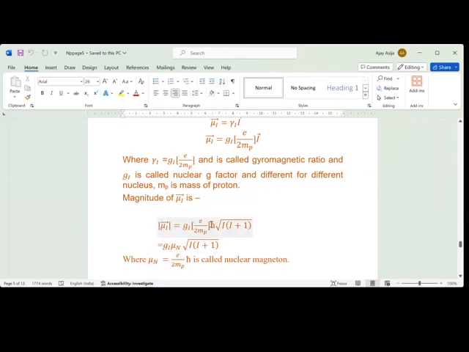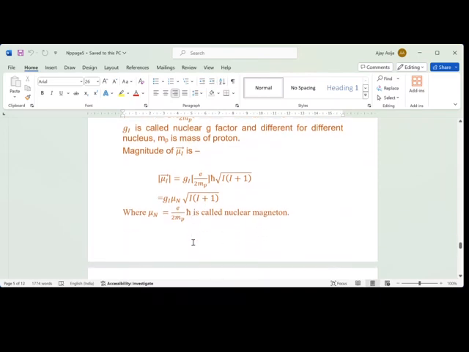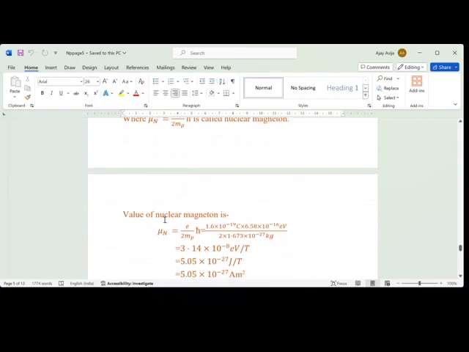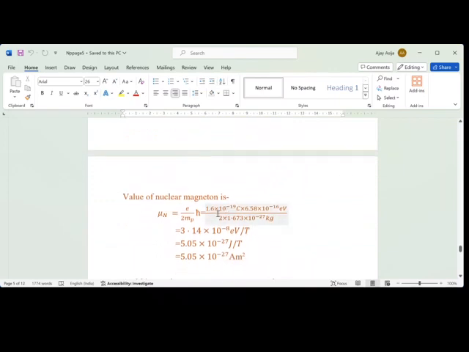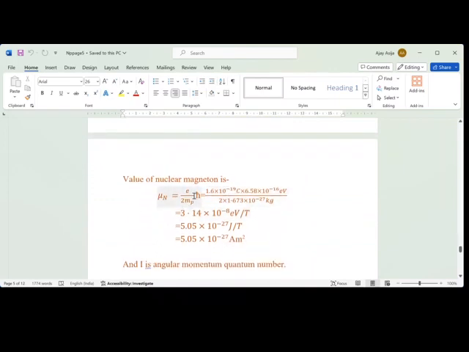So we will take h cut with this e h cut by 2mp, and we will replace e h cut by 2mp with mu n. Mu n is e h cut by 2mp, which is the nuclear magneton.